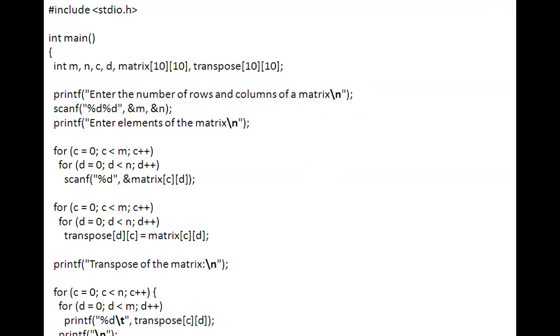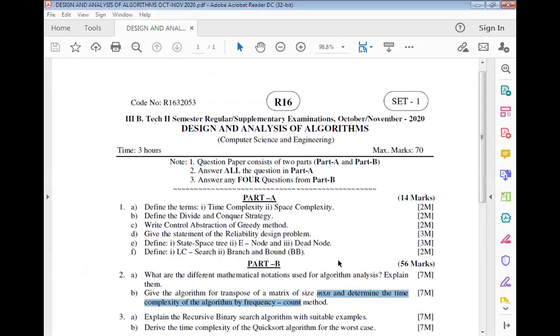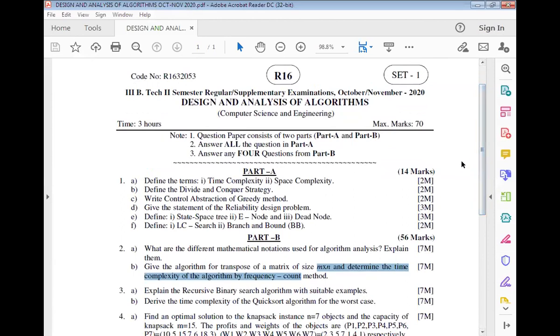Next, see another problem: explain the recursive binary search algorithm with a suitable example. So recursively, we have to calculate the binary search algorithm here.